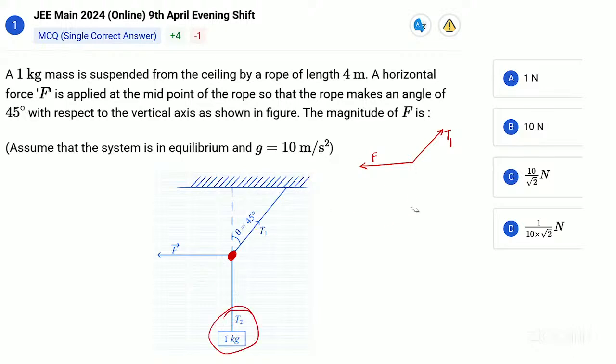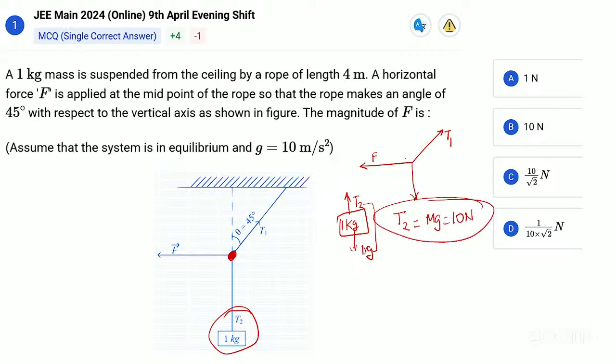T2 is nothing but, if you draw the FBD of this 1 kg block, upward side में there is tension T2, down side में there is weight 1 into g. So definitely T2 would be equals to g. तो mg डाउनवर्ड डायरेक्शन में है, ये हमारे लिए ज्यादा सूटेबल है। तो T2 और mg तो इक्वल ही हुआ ना, which is equal to 10 Newton only.